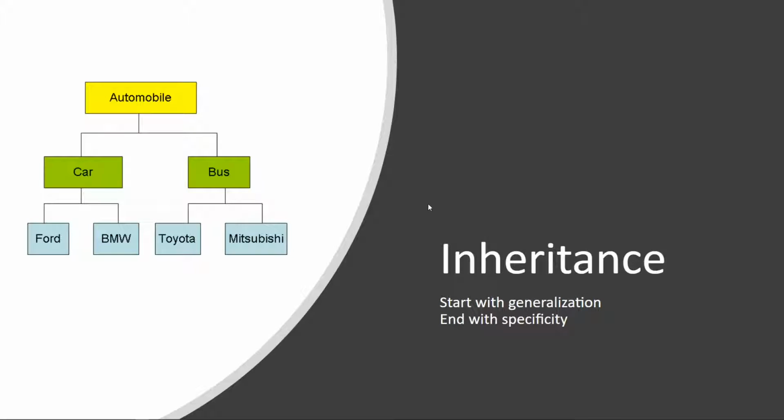So the basic idea behind inheritance is creating things in such a way as you start with generalization and you end with specificity. So you start by saying, okay, what is something in general? What is an animal versus what is a dog? What is an automobile versus what is a Ford Fiesta? You start with a general concept that has certain things that it does.